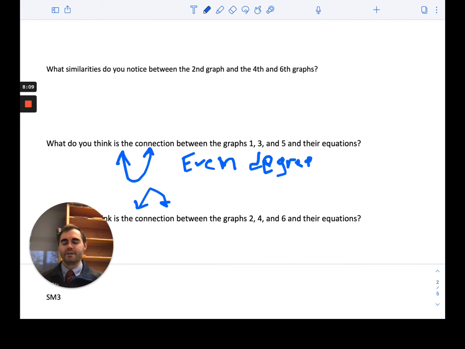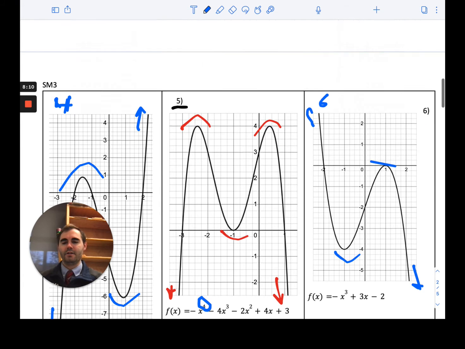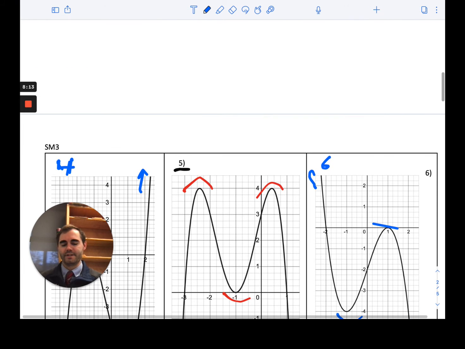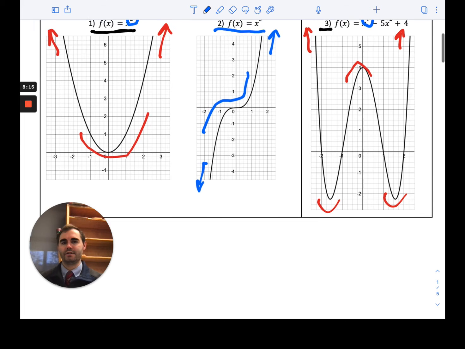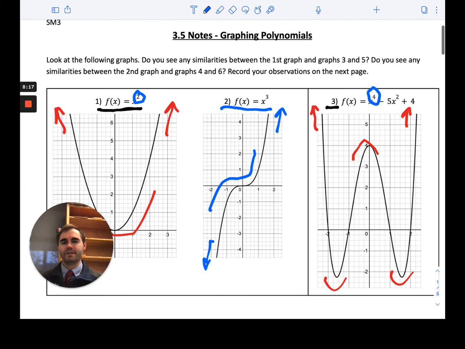So if we were to take a look then at graphs number 2, 4, and 6, let's see if there's a similar connection between those graphs. Let's take a look at the degree on number 2 here. The power we have is 3, right? So the degree is third degree. And 3 is an odd number, right? It's not like 2 or 4 or 6.